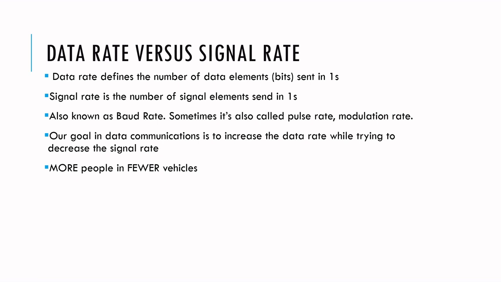So more people in fewer vehicles is going to be our design goal. Now we can calculate data rate by multiplying the signal rate and the ratio of data elements to signal elements. All right, so conversely, we can just write this as signal rate equals data rate divided by the ratio.